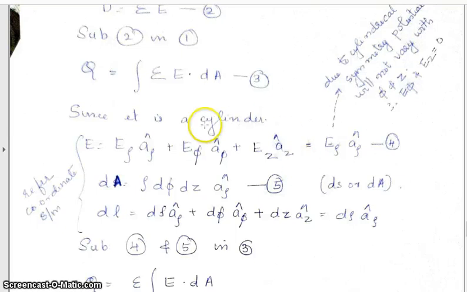So this is how you represent a vector in cylindrical system. E is equal to E rho A rho, where A rho is a unit vector, plus E phi A phi, the unit vector along phi direction, plus E z A z, where A z is the unit vector along z direction.